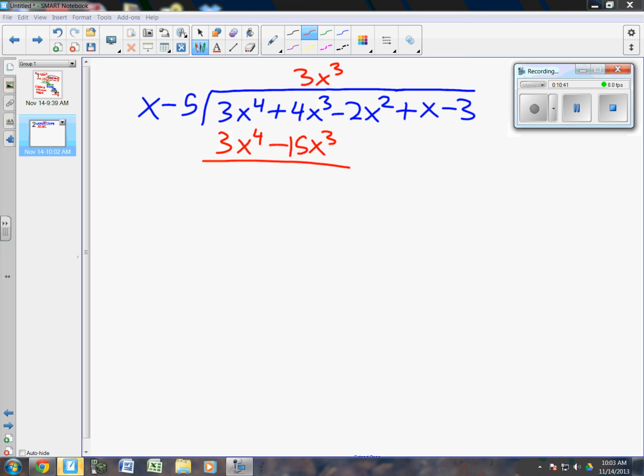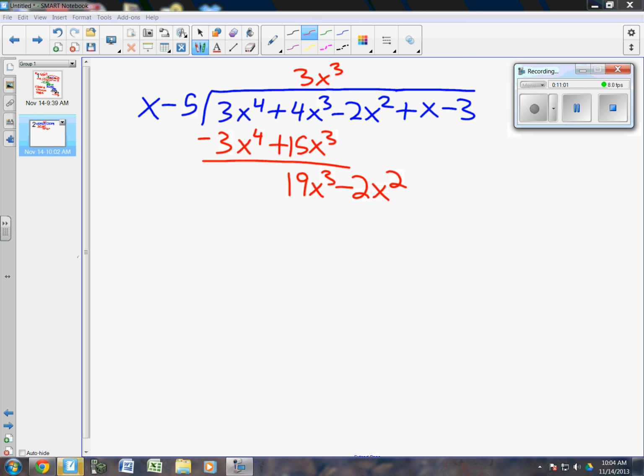What do I do at this point? Change the signs and add. So this adds up to 19x cubed. I bring down the negative 2x squared. Okay? And then we start the process over again.